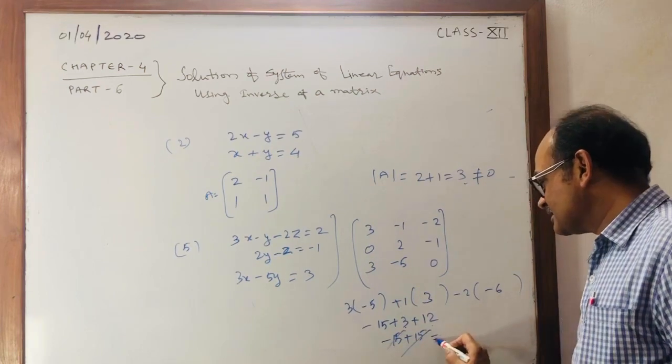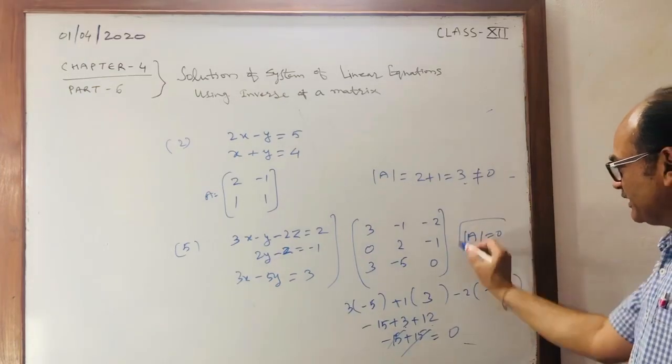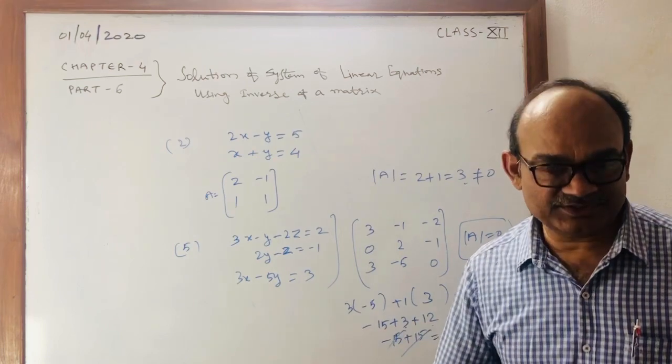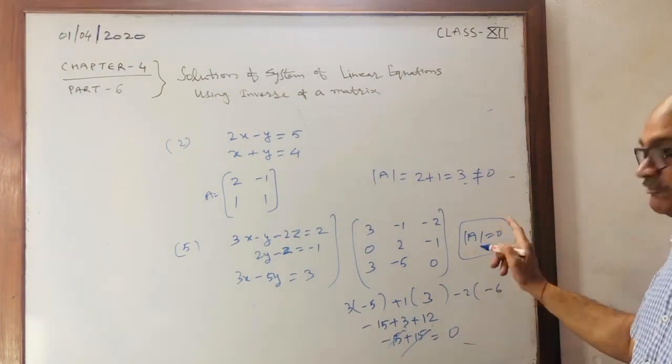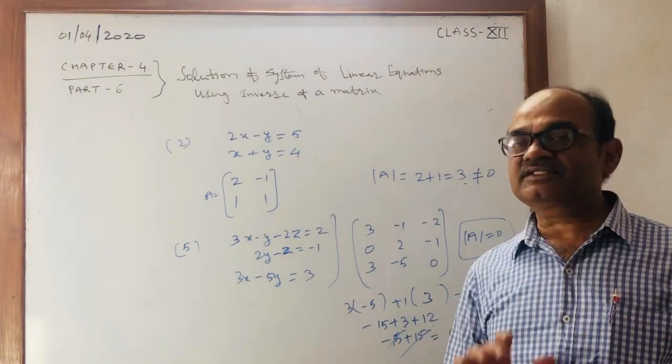It means the answer is 0. Determinant A value is 0. It means the first conclusion is there will be no unique solution, because determinant A value is 0. We can't get the value of A inverse. That's why a unique solution is not possible.